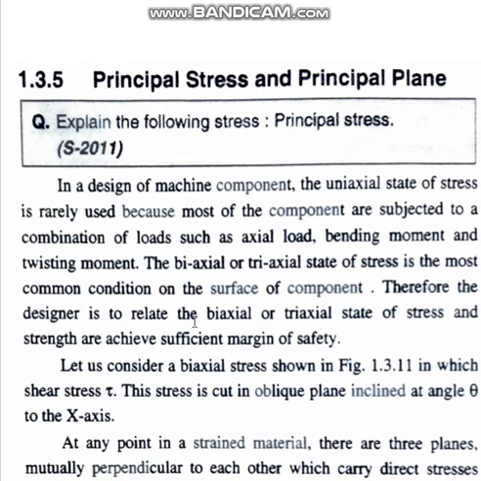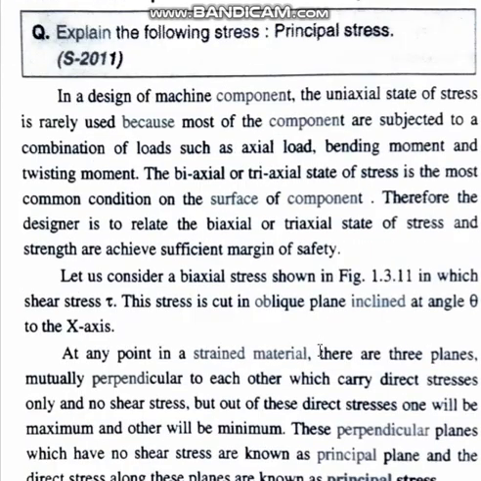Therefore, the designer has to relate the biaxial and triaxial state of stress and strength to achieve a sufficient margin of safety. We have to consider how all the stresses act.